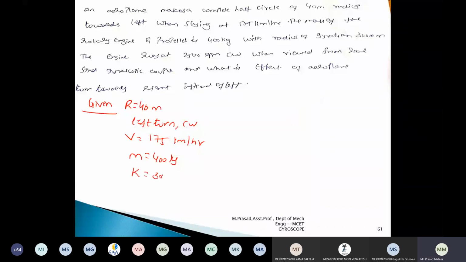Radius of gyration k is 300 mm. Put all the units in meters only. Engine runs at 2500 rpm. You are supposed to find the gyroscopic effect for a right turn instead of a left turn. You have to write the gyroscopic effect for the clockwise rotor taking a right turn.